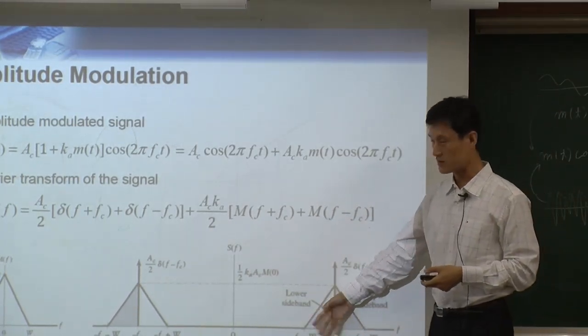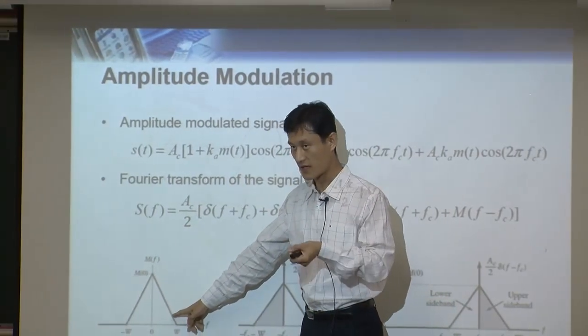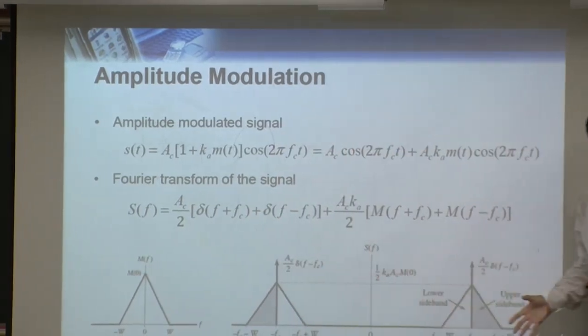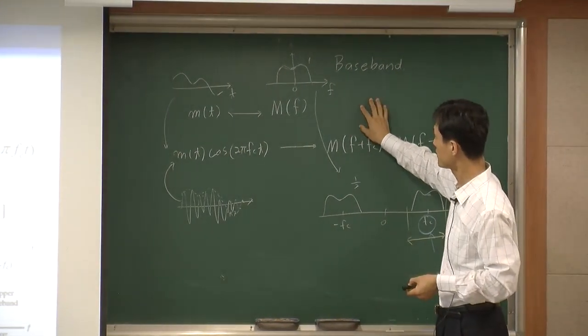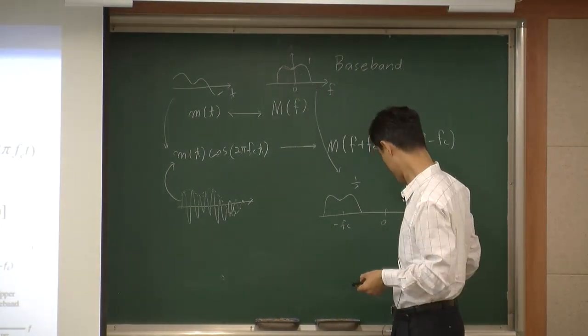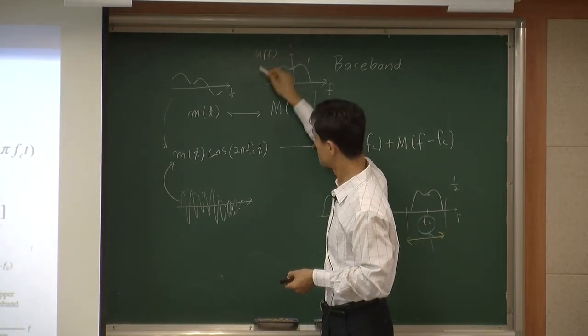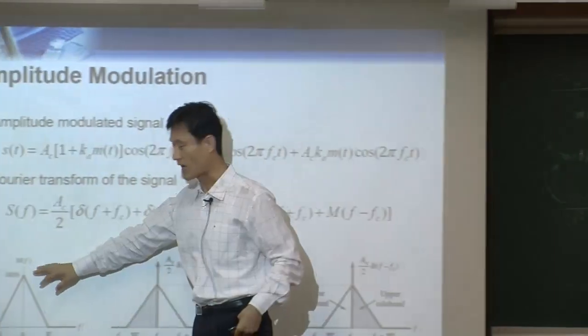Now we have this one. The left picture here is just an example of M(f). Just an example. In my picture here, this was M(f). But in here, as an example, let's say this is M(f).